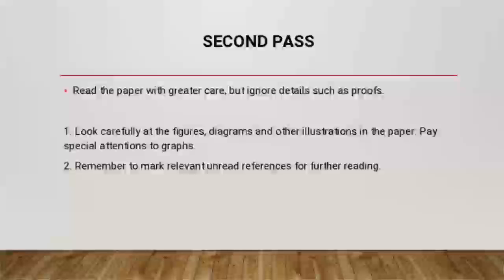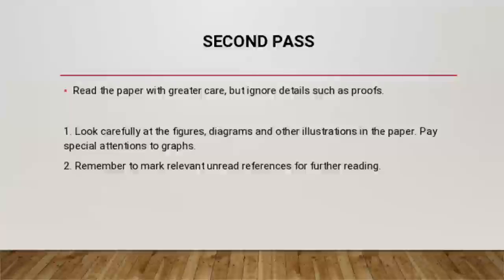Number 2 is the second pass. You have to read the paper with greater care but ignore details such as math proofs. As you read, have these questions in mind and try to answer them. Do the figures, diagrams, and illustrations make sense? Are the axes labeled properly? Were the conclusions statistically significant?